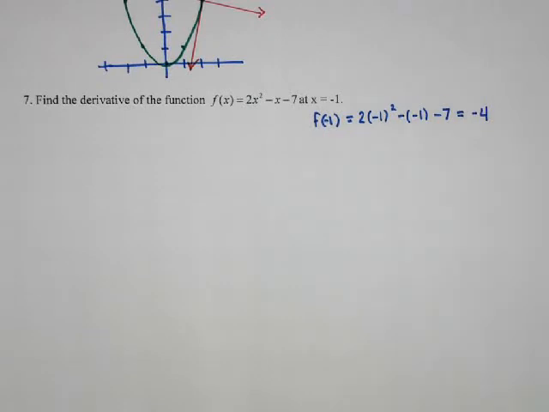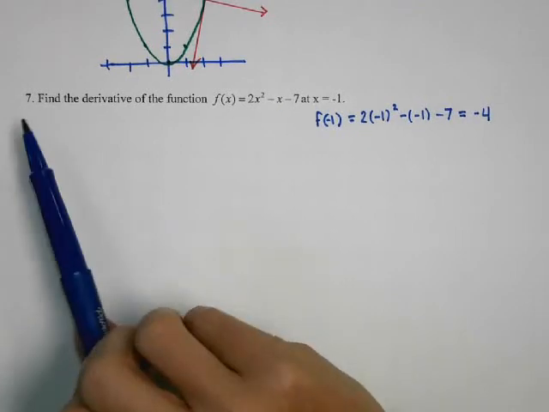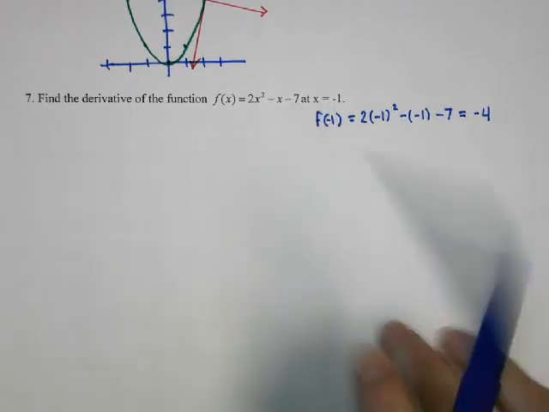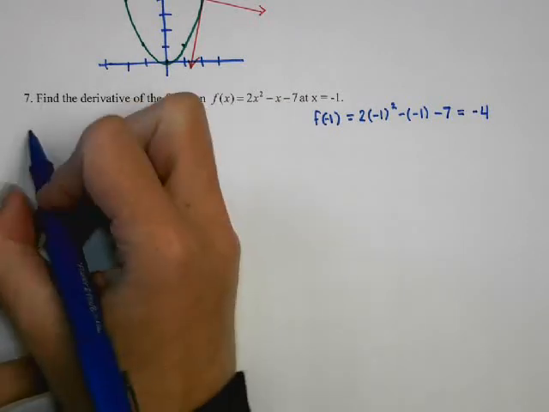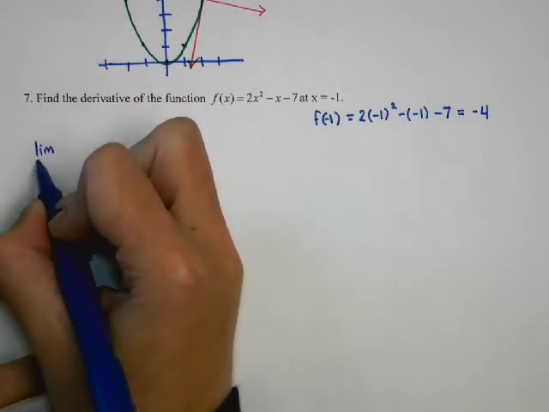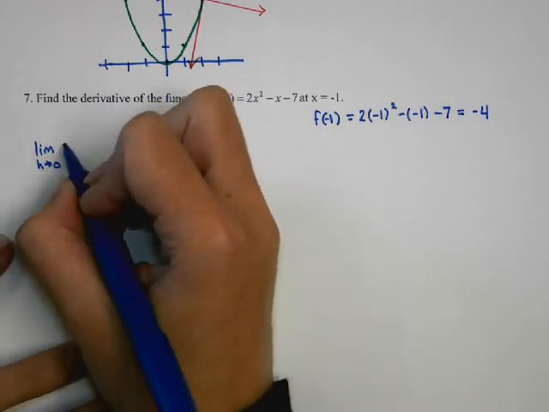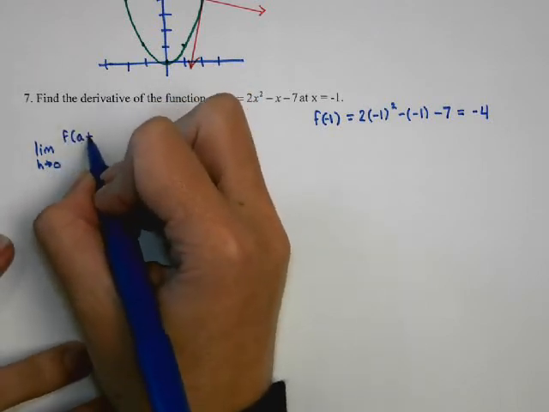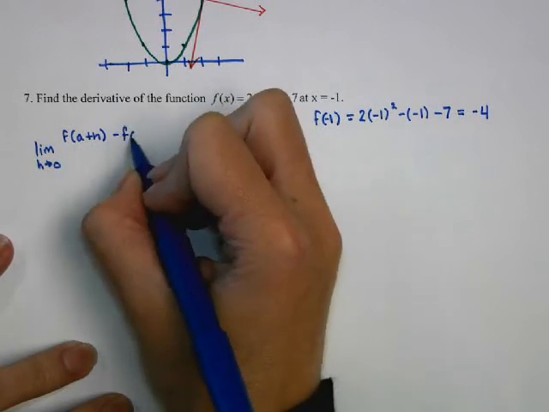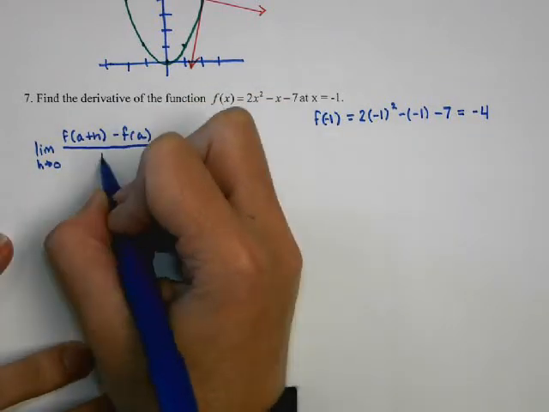So we're going to do one more derivative using our limit definition, called a difference quotient. So the derivative of this function at x equals -1. So I am looking at the limit as h goes to 0 of f of a plus h minus f of a over h.